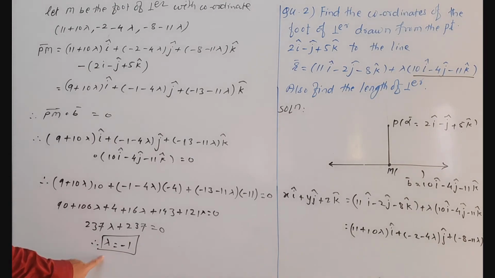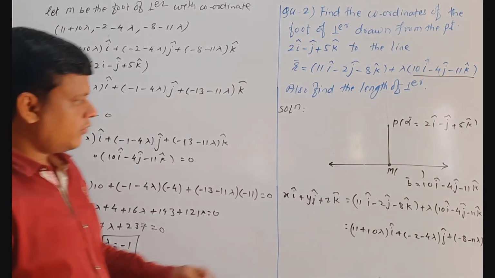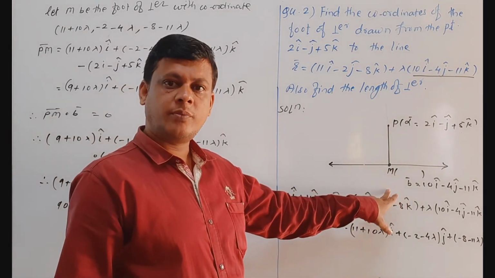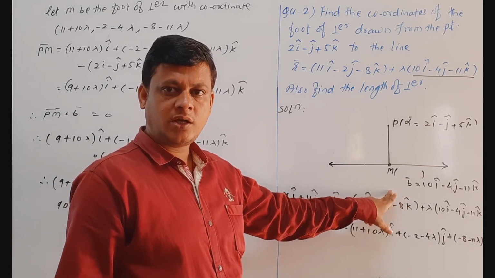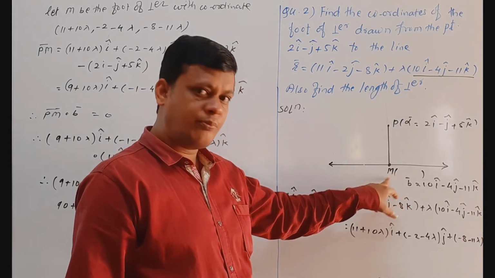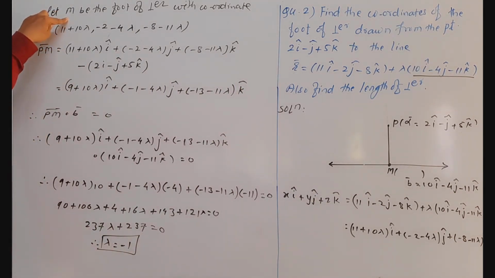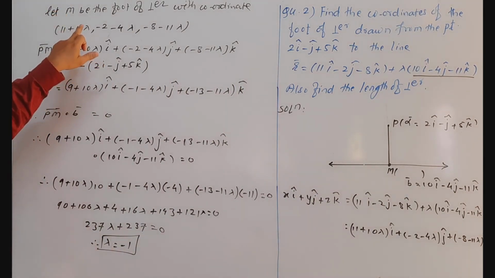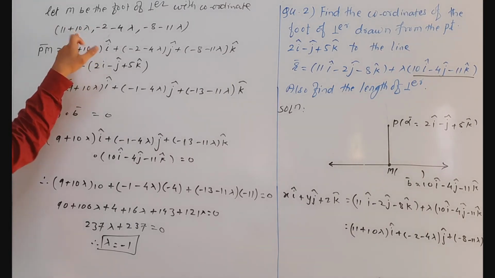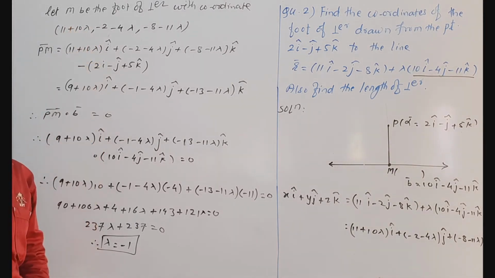After substituting lambda equals minus 1, we get the coordinates of the foot of perpendicular, that is the coordinates of point M. So we consider M to be the foot of perpendicular.